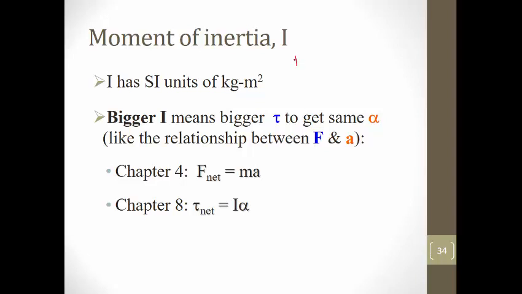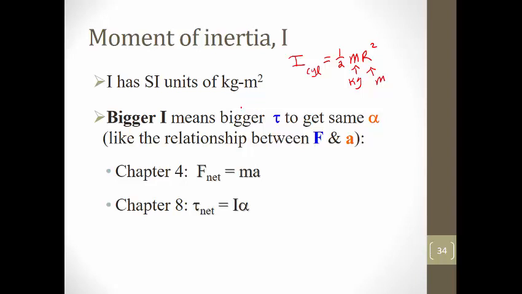For instance, the moment of inertia of a disk or a solid cylinder would be 1/2 mr squared. M is in kilograms, R is in meters, so kilogram meters squared. Moment of inertia does not have its own units, so that's the units of moment of inertia.